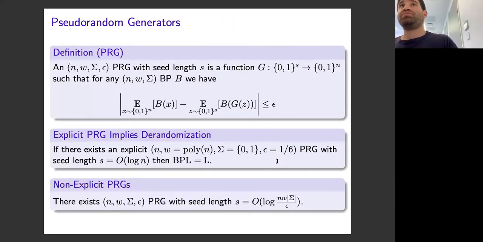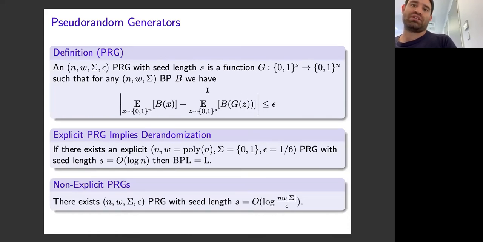Good. So one approach to de-randomization is using pseudo-random generators, which are basically a way of taking few truly random bits and extending those to n pseudo-random bits, and using the pseudo-random bits in your algorithm and hoping that it works roughly the same.